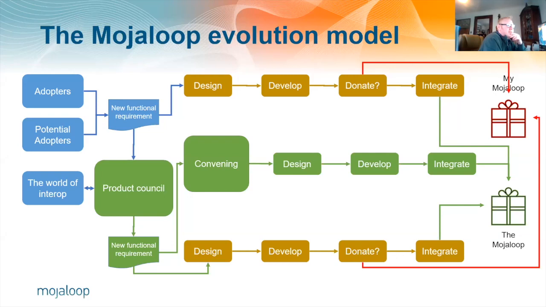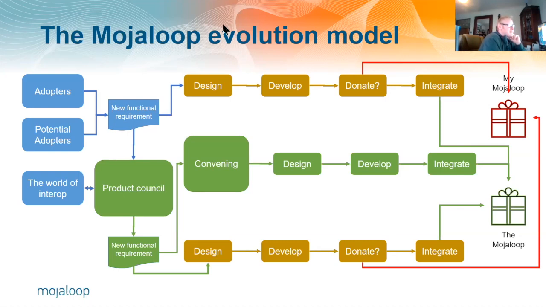And you can see over on the left-hand side the various sources of new functional requirements, people who want to adopt the platform, as Michael said, people who already operate a Mojaloop platform, and there are some, plus many other different types of organization around the world who might have an interest in making Mojaloop something that works with their world.